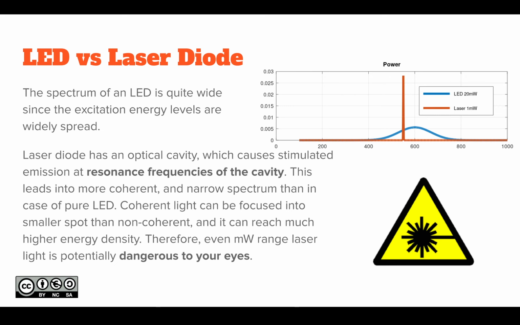And that coherence, single frequency, single wavelength, means that it can focus to a really small spot. If you have good eyesight and a beam comes into your eye, it focuses on your retina and makes a hole, guaranteed.